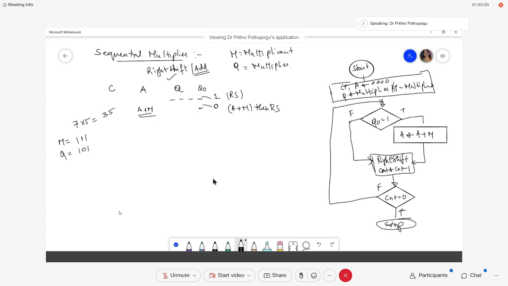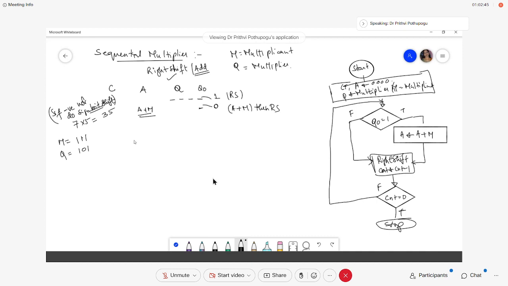If you are doing this for signed numbers, we need to have the sign bit and do the sign bit extension if negative numbers are there. For positive numbers, direct shifting, there is no need for sign extension.